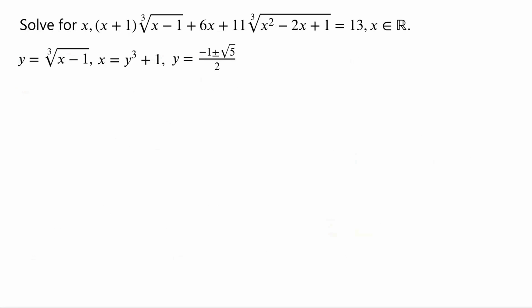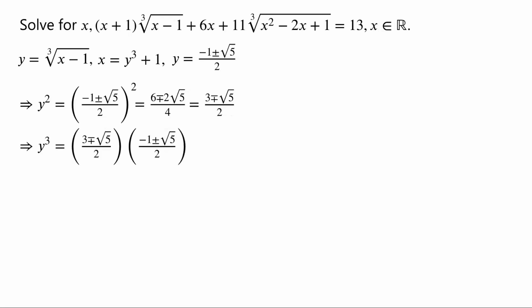As x equals y cubed plus 1, to work out x, we need to work out y cubed. Y squared equals negative 1, plus or minus root 5, over 2, all squared, which is equal to 6 minus or plus 2 root 5, over 4, which is equal to 3 minus or plus root 5, over 2.